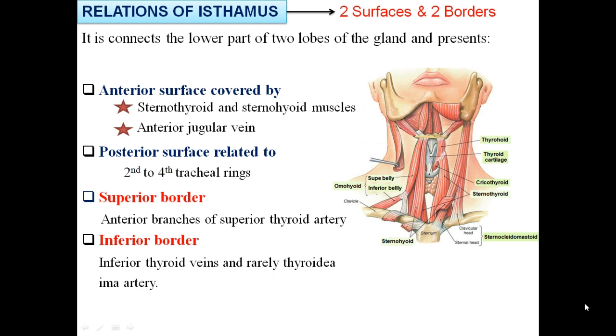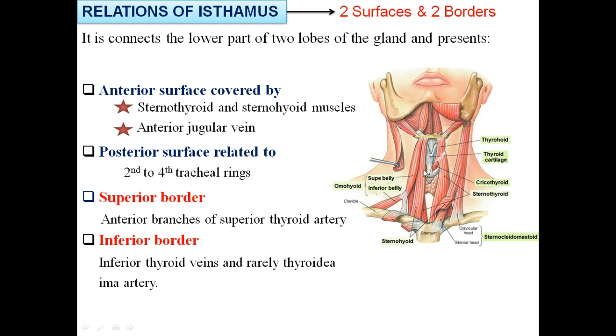Relations of the isthmus: two surfaces and two borders. The anterior surface of the isthmus is covered by the sternothyroid and sternohyoid muscles and the anterior jugular vein. The posterior surface is related with the second to fourth tracheal rings.